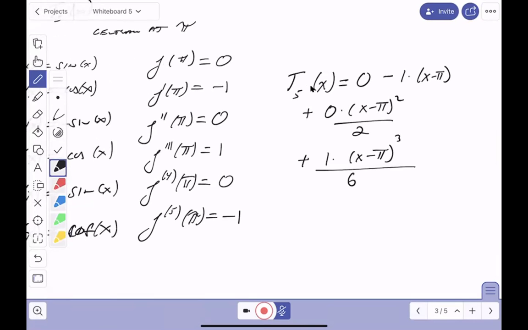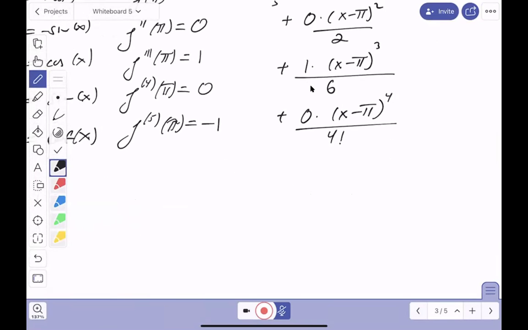Over 3 factorial, which is 6, plus 0 x minus pi to the 4th power over 4 factorial. And then you get minus 1 x minus pi to the 5th over 5 factorial.